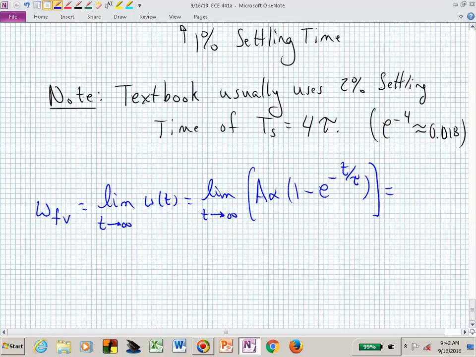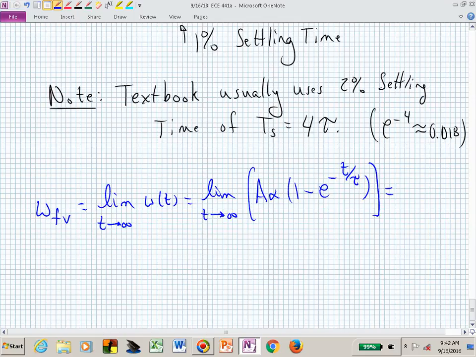What happens as t gets large? The e term, the exponential, goes away, doesn't it? But we're still left with some information, hopefully. We have two terms. We have an A alpha term, and then we have an A alpha that's exponentially decaying. And that one's gone at infinity.